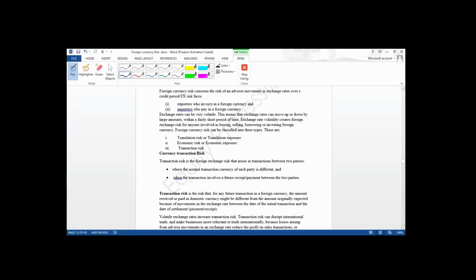The exchange rate between Naira and dollar can fluctuate between 30th March and 1st of May. That will affect your payments. That fluctuation in exchange rates between today, where your transaction is consummated, and 1st of May, when you make the actual payment, gives rise to transaction risk.